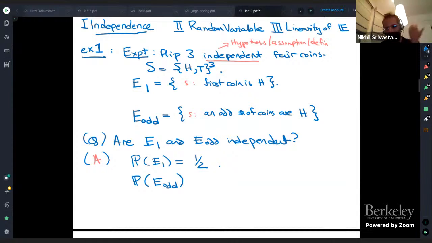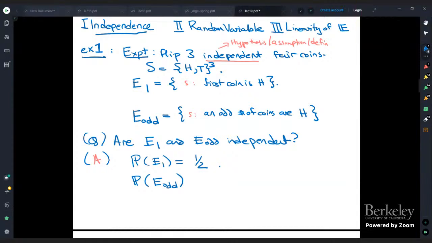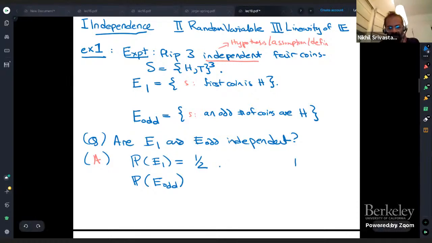Of course you could write out the whole sample space. I think you could count the number of ways to get one head and the number of ways to get 3 heads. Yeah.